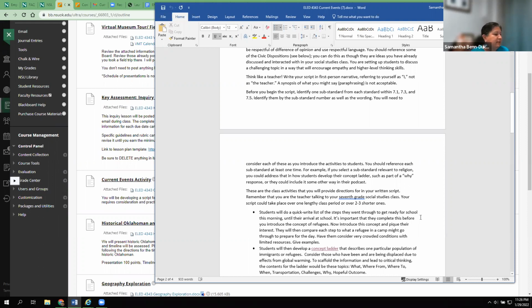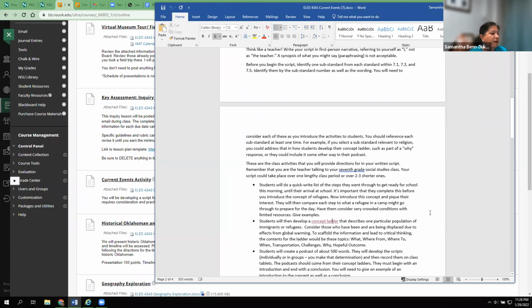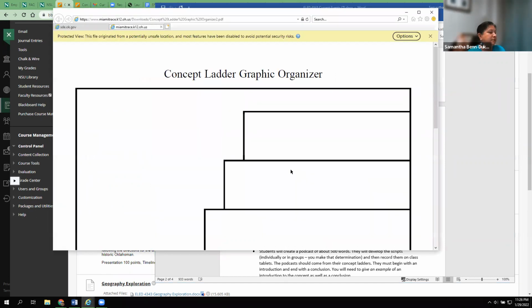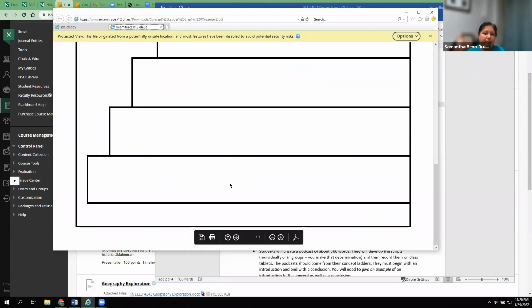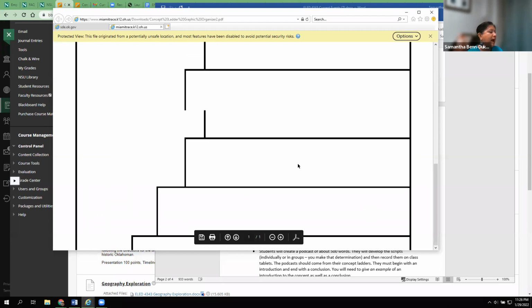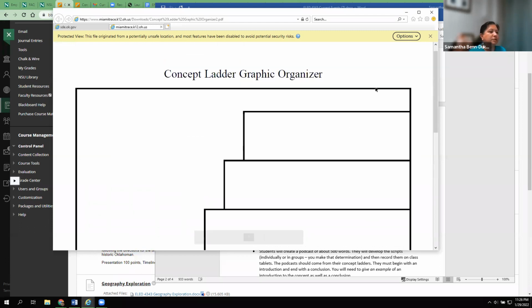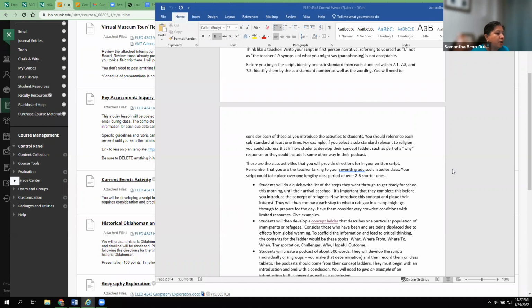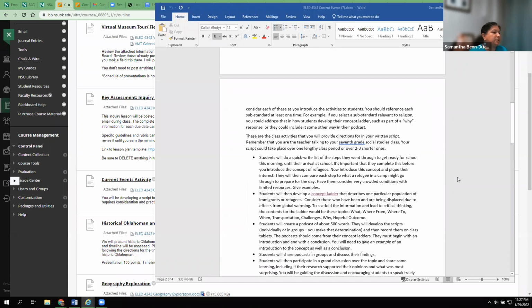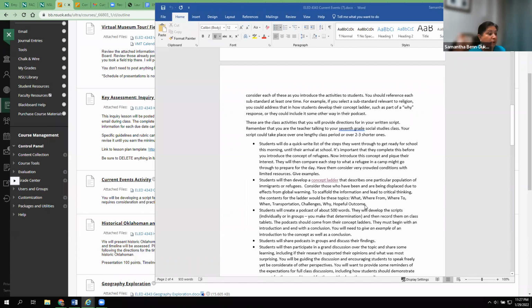And the next thing that students are going to do is develop a concept ladder. And a concept ladder, the one that I have attached for you, looks like this. So we start at the bottom with the bigger and broader, and then work our way up to the more specific. In this concept ladder, you are going to have the students scaffold this information beginning at the bottom with the what, the where from, where to, when.